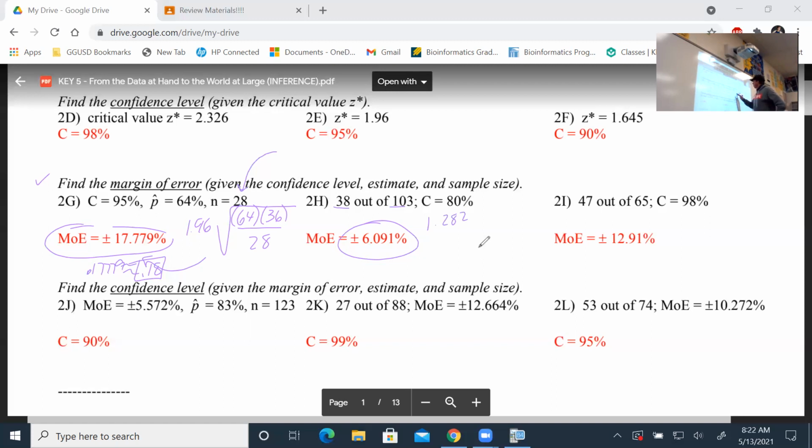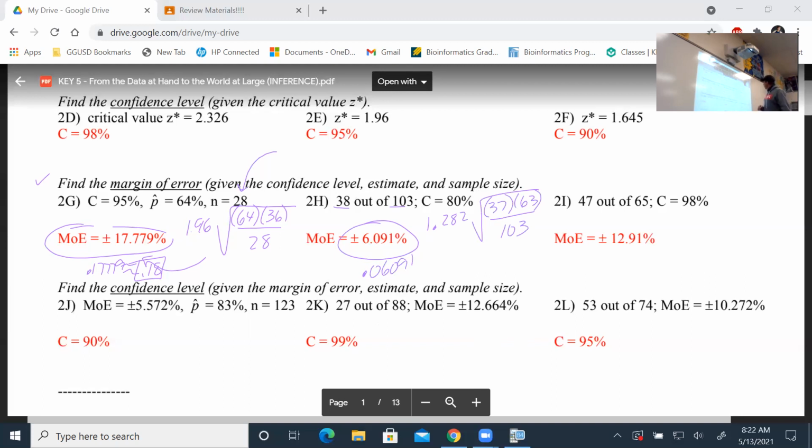It's going to be this times the square root of 37 times 63 over 103. Or you could do 0.37 and 0.63, and that'll give you 0.06091. Either way is fine.